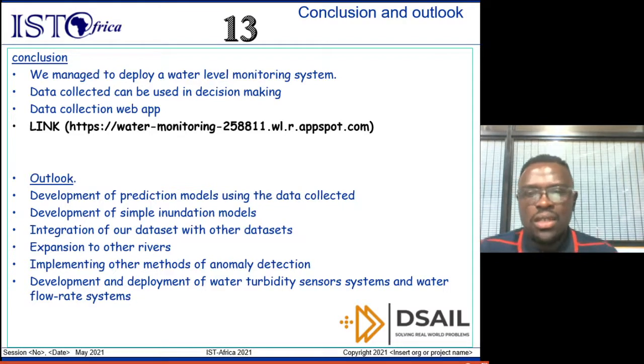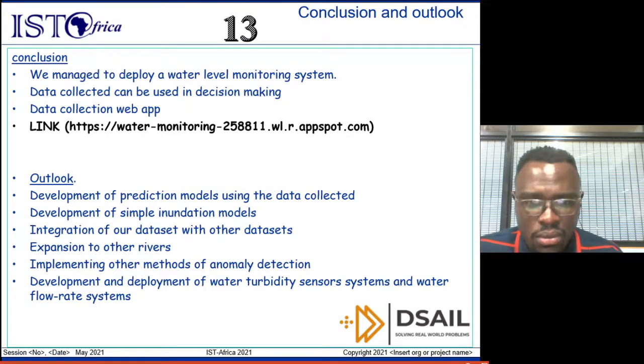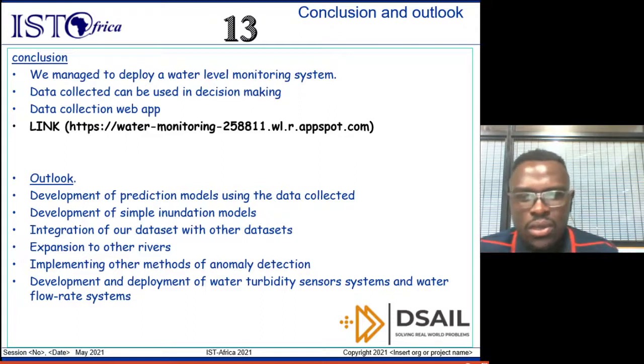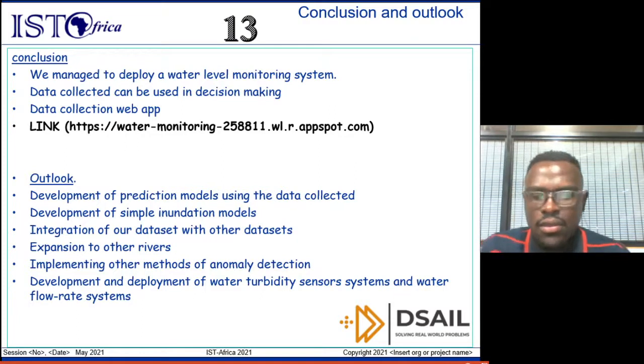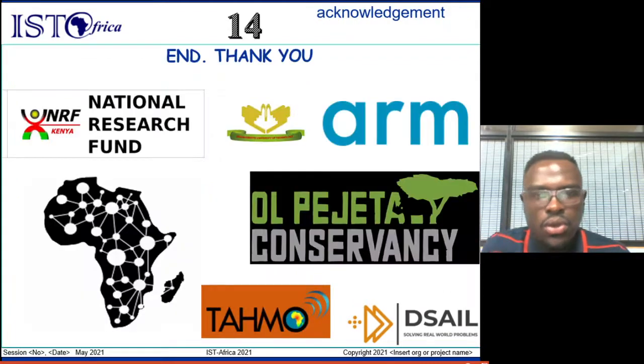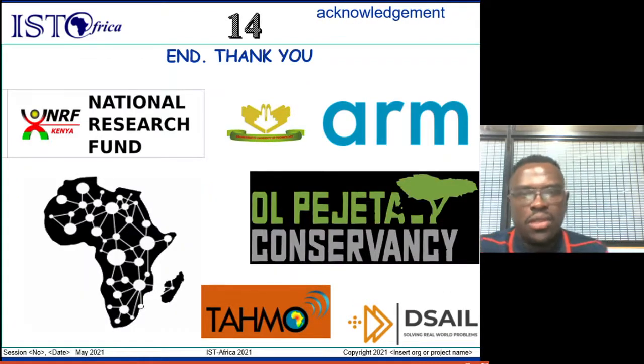When I was starting the presentation, I took you through the whole course, in that we aim to develop the water level system, the water turbidity, the water flow rate. We have already developed the water level system, so we move on to the water turbidity and the water flow rate system. So that marks the end of my presentation.